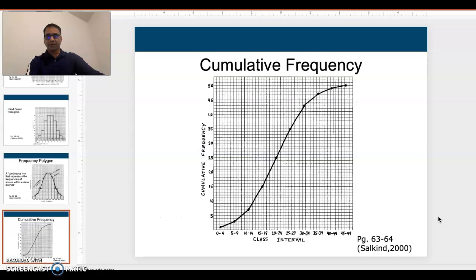And with these same midpoints, if you keep on connecting, but use not the actual frequency but the cumulative frequency, you keep on adding one frequency to another, and then you can see how the class intervals look.